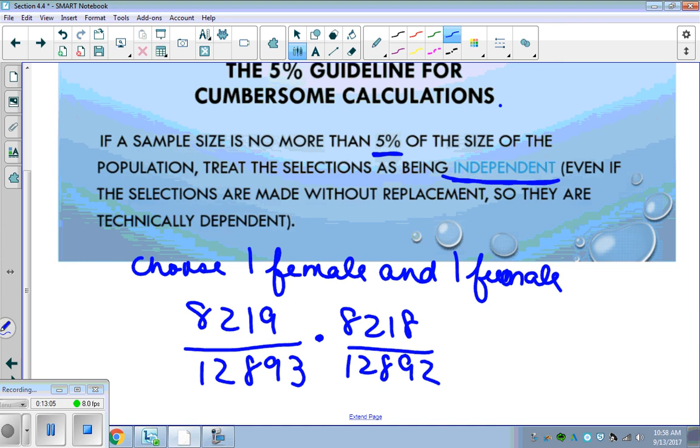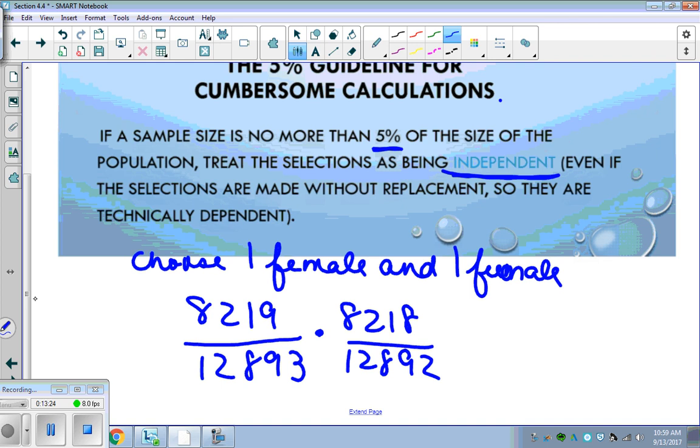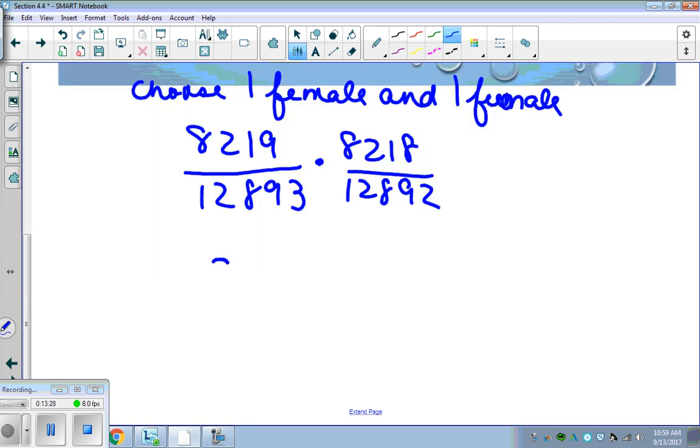So instead, this rule takes over. And it says if the sample size is no more than 5%. What's my sample size? 2 females out of the entire student body at Delaware Tech. Well, that's a lot less than 5%, isn't it? So therefore, I can use it as though it's an independent event, and I can just say 8219 over 12893.